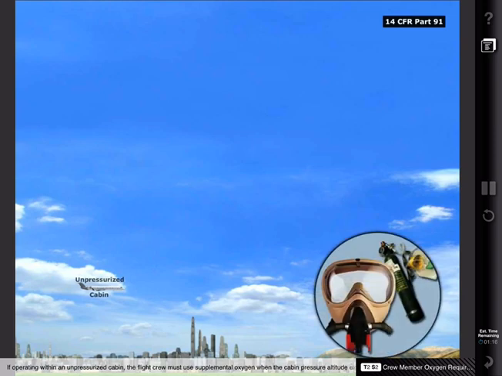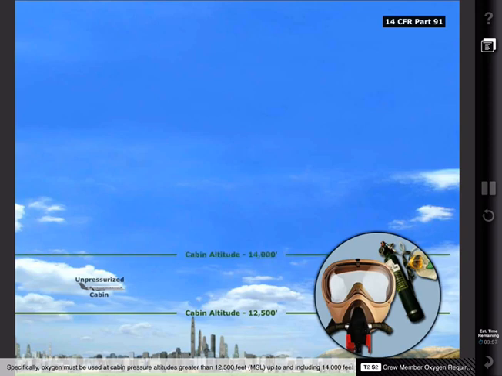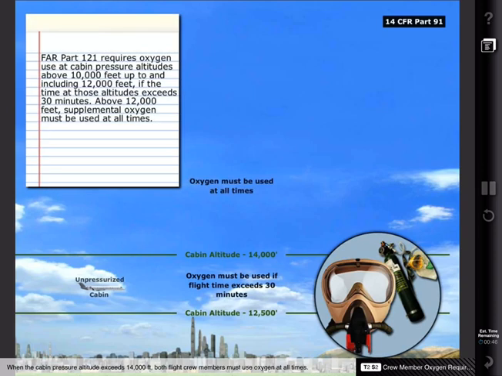If operating within an unpressurized cabin, the flight crew must use supplemental oxygen when the cabin pressure altitude exceeds certain thresholds. Specifically, oxygen must be used at cabin pressure altitudes greater than 12,500 feet up to and including 14,000 feet if the time at those altitudes exceeds 30 minutes. When the cabin pressure altitude exceeds 14,000 feet, both flight crew members must use oxygen at all times.